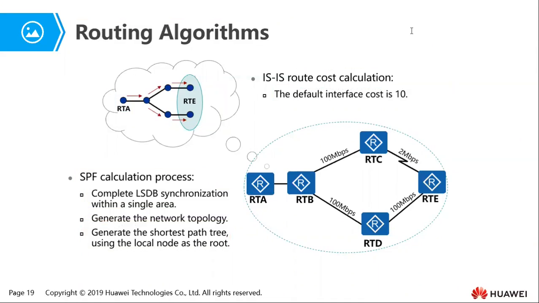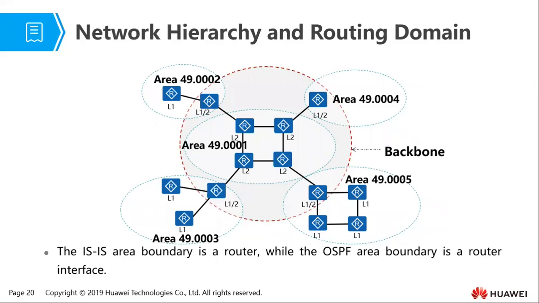Let's move on to the next one: network hierarchy and routing domain. We already said that we have 3 types of routers in an IS-IS routing domain: level 1 routers, level 2 routers, and level 1-2 routers.